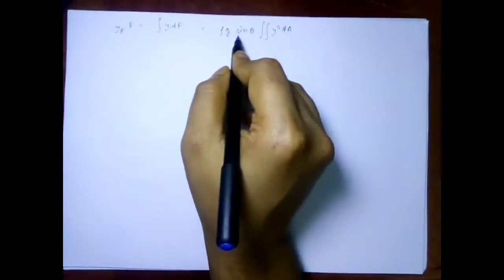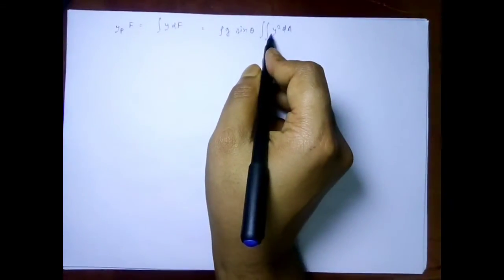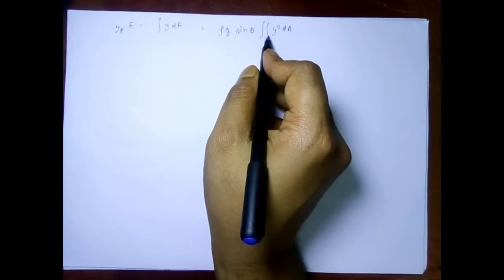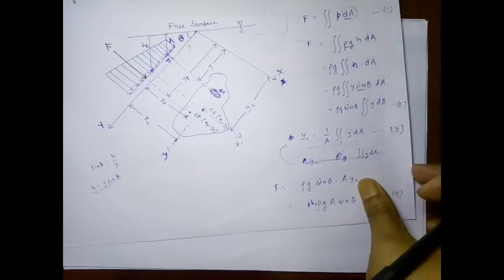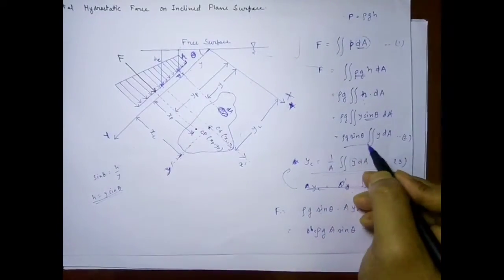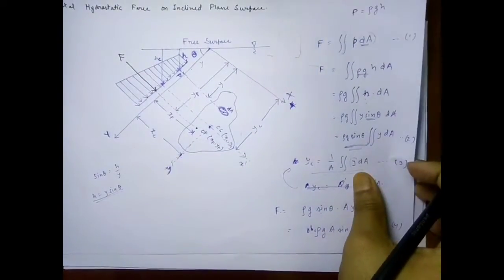I hope you are clear why rho g sin theta y is coming, because I am trying to represent this small dF as this thing.